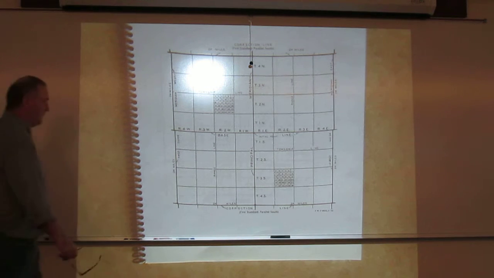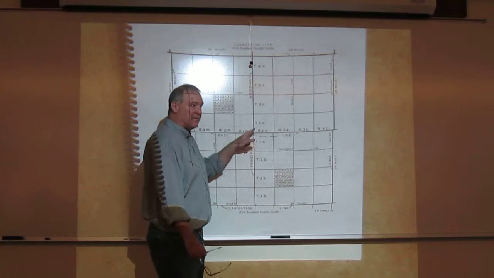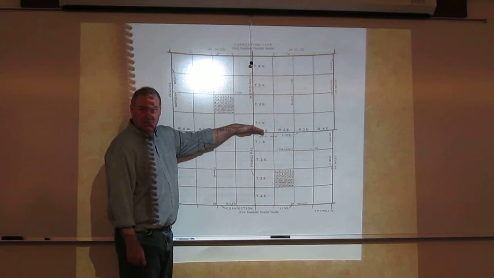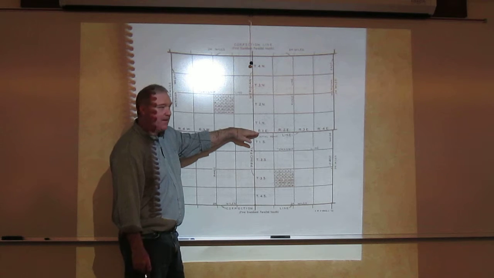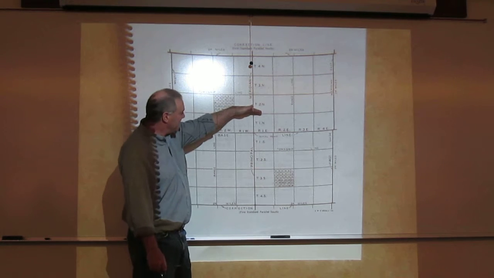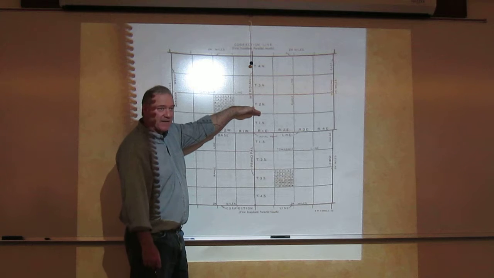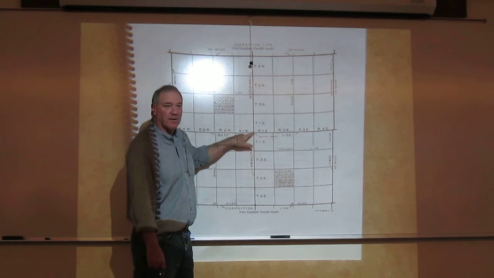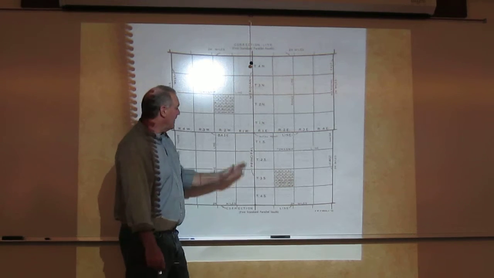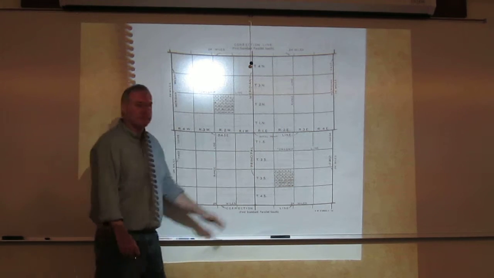So townships go with our longitudinals. They come from a baseline. That's a township of 0. If I go 6 miles, that is another township line. Ranges run east and west.